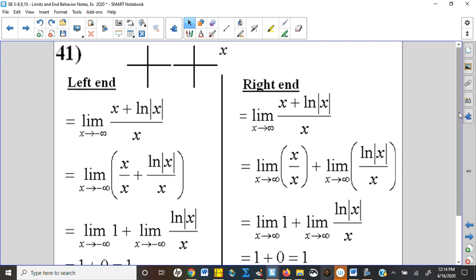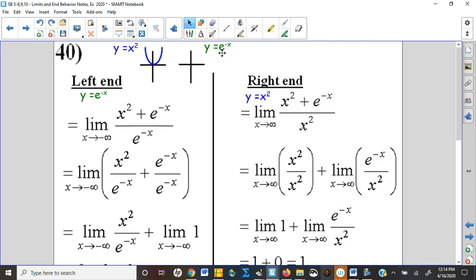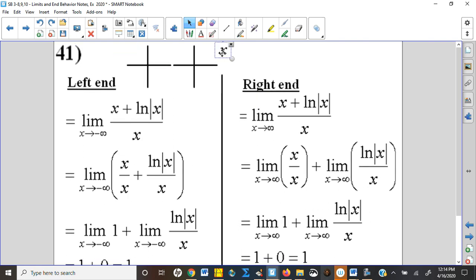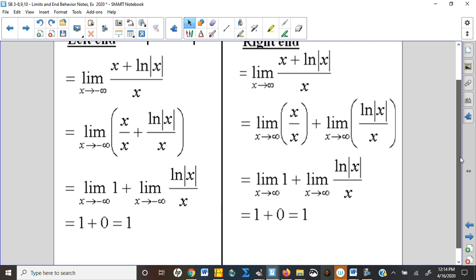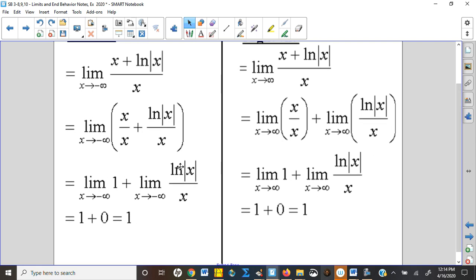Now, after we make that decision, and I do think that that's the most analytical part of this process, once we make that decision, the rest is just taking the limit of the fraction, f of x over g of x, dividing by the g of x, splitting the fraction, and then analyzing those limits.